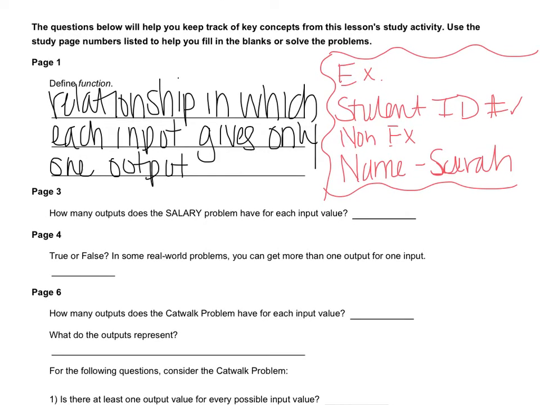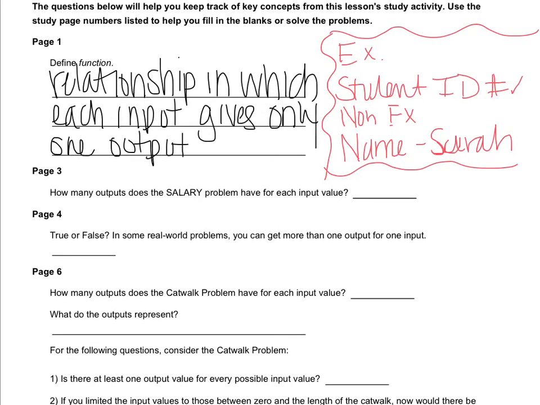So when you're talking about the salary problem, if you'll think back a couple lessons ago, the salary problem was where I was talking about how much you get paid for your hours of training. Well, in a salary problem, there is exactly one output for each input because you don't work 10 hours one week and get paid $100 and the next week work 10 hours and get paid $400 and the next week work 10 hours and get paid $50.